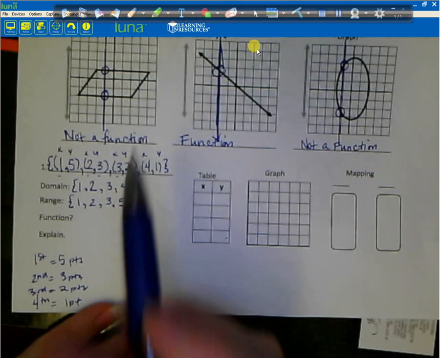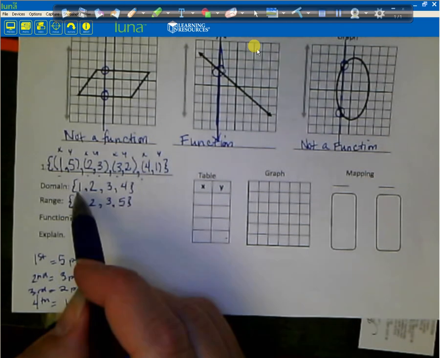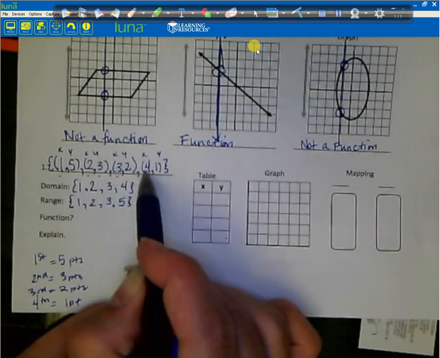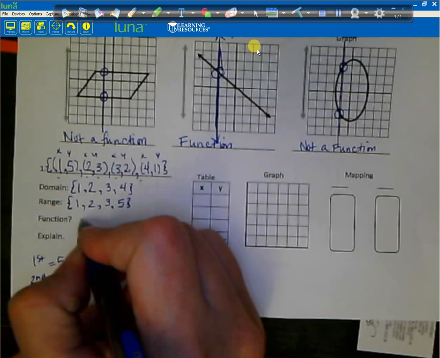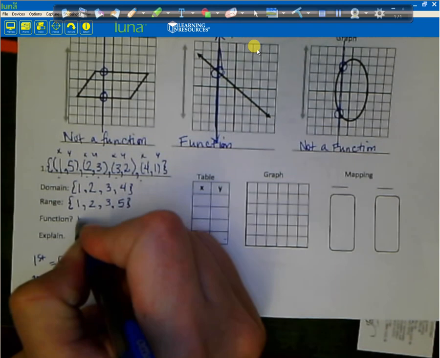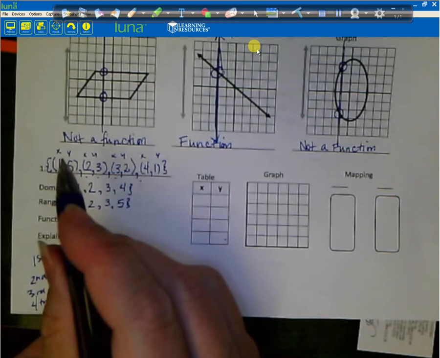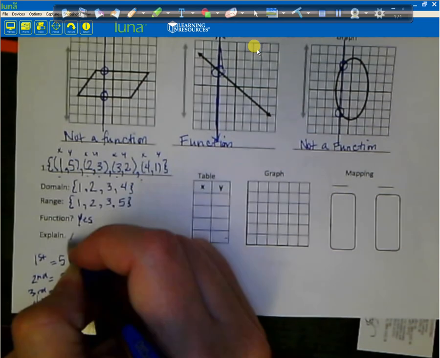Okay, I can look at my x values, 1, 2, 3, and 4, and see that they don't repeat. I have 4 pairs, 1, 2, 3, 4, and I have 4 x values. So yes, this is a function, and when I'm being asked to explain, what I'm supposed to say here is the x values don't repeat.